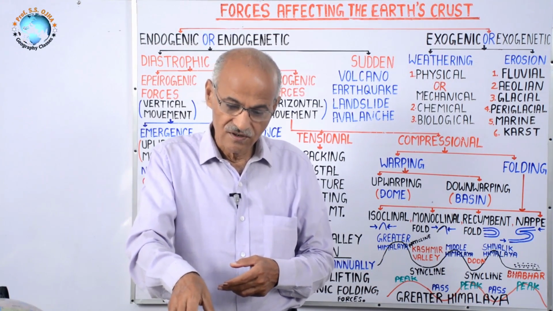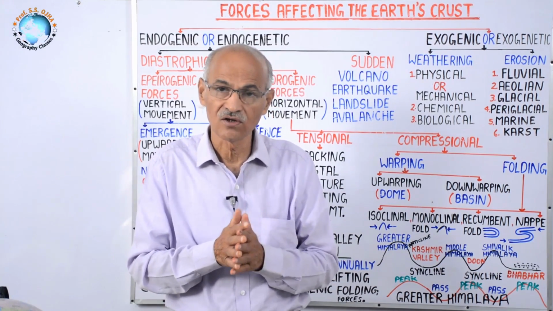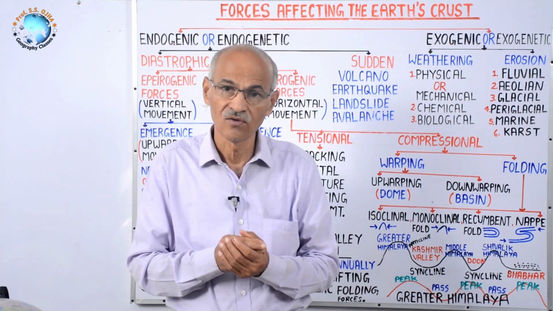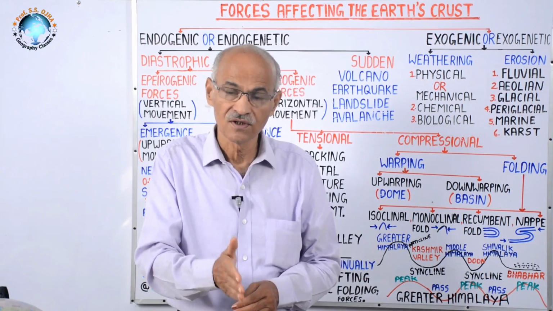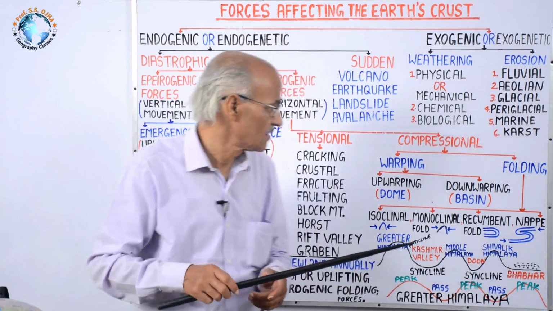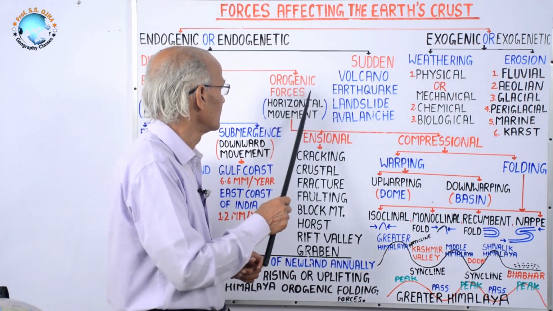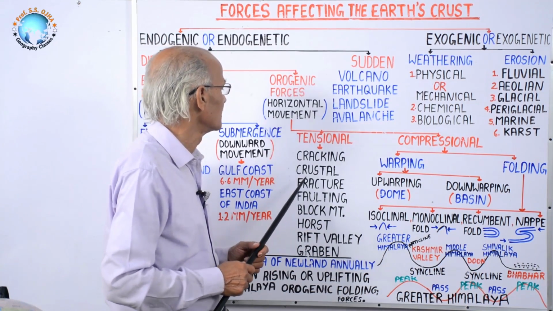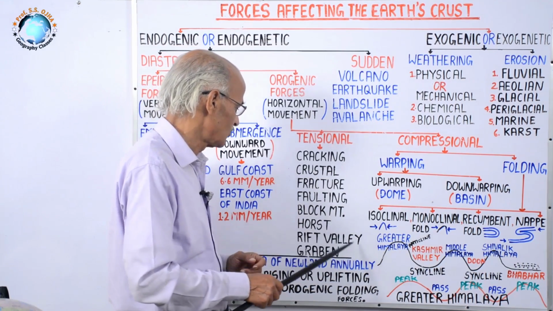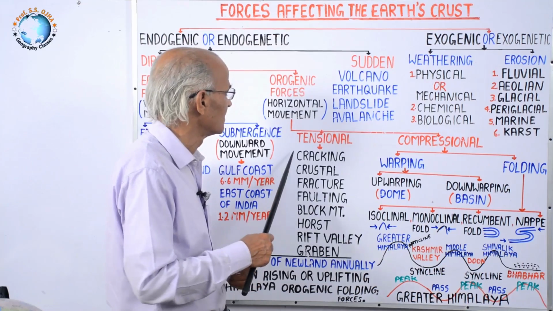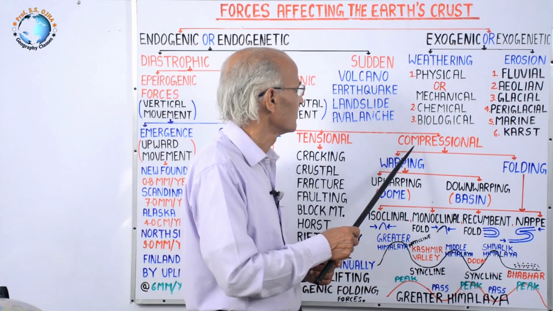So, it means in horizontal motion, two forces will work. One, rift or say tensional force, and second, compressional force. That's why if you have to discuss orogenic force in detail, then one is tensional force, of which you will give details, and the second is compressional force.